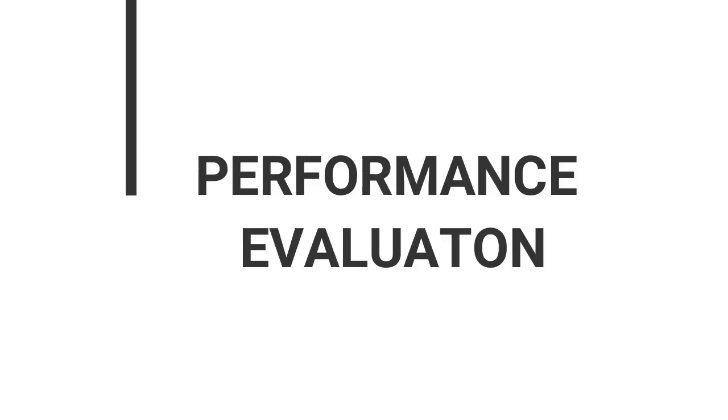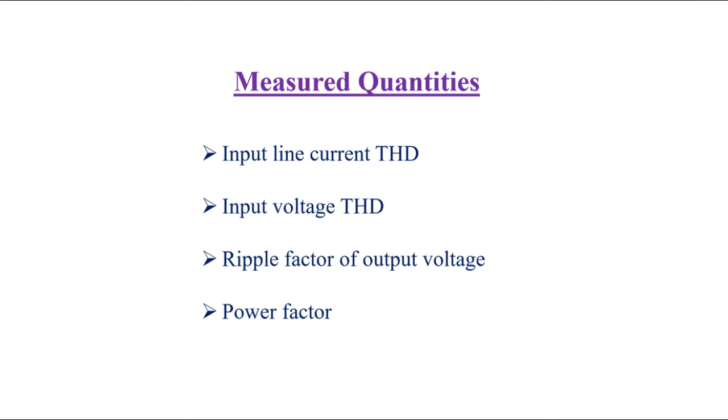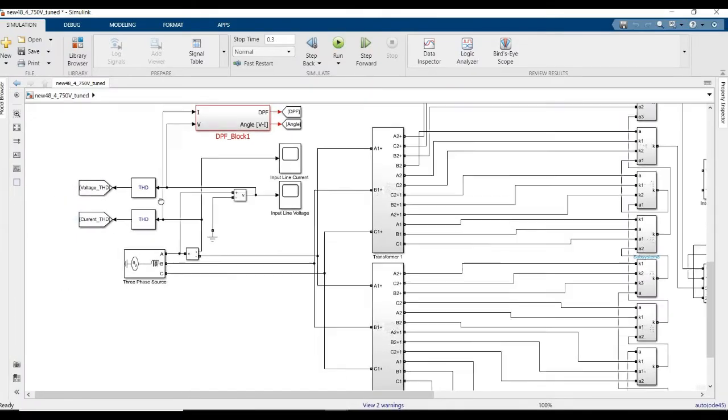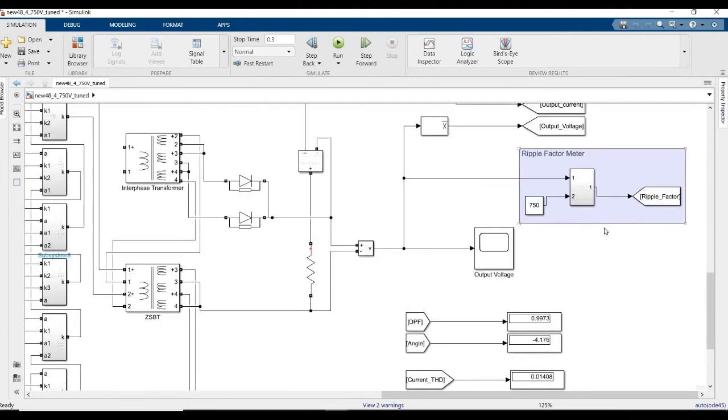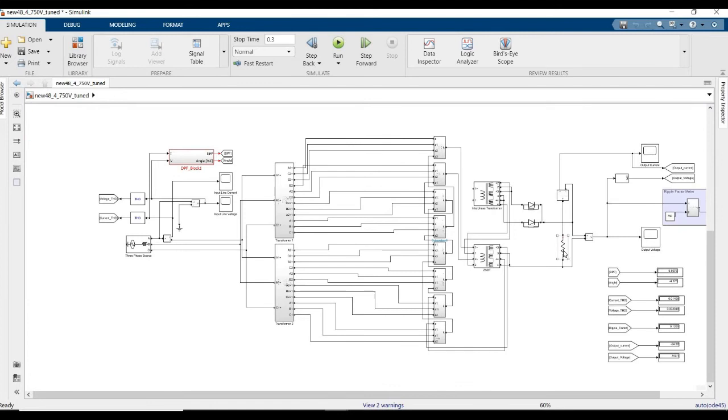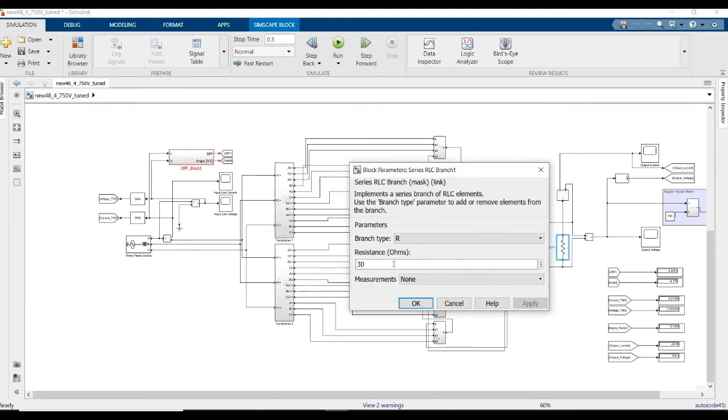Performance can be evaluated using the MATLAB simulation. In this project, we are mainly focused on THD levels of input current and voltage, ripple factor of output voltage and the power factor of output. Different blocks are used to evaluate the previously mentioned quantities. Performance can be evaluated for different load conditions by changing the resistance values.